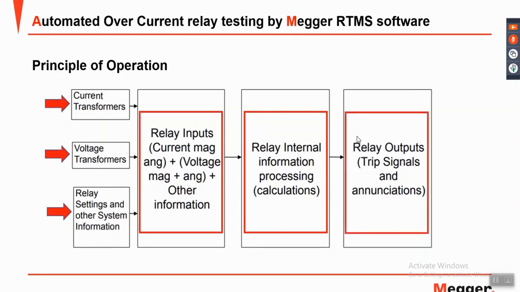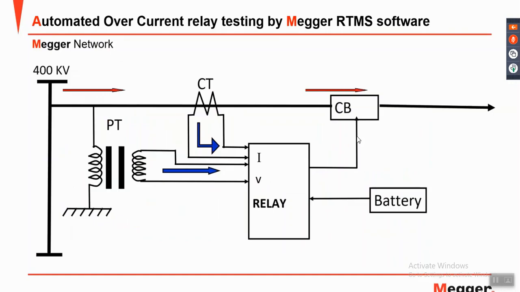And if we animate it to just understand it, we have something like this, and we have a feeder, and this feeder will have a CT and VT and circuit breaker. Of course, we have the relay and the battery, which is the complete protection scheme. Now, if I have a fault somewhere in the feeder, what's going to happen?